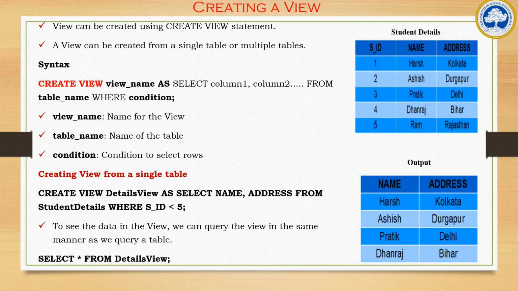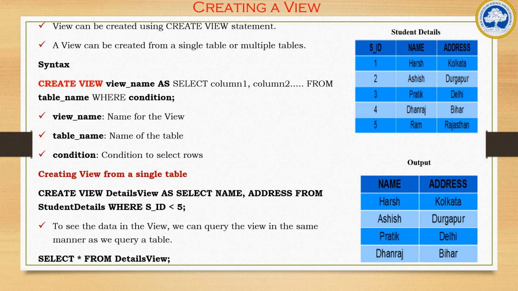Same as a SELECT: SELECT star FROM, where usually we give the table name, here we give the view name. Our view name is details view. So SELECT star FROM details view, and then we will get the output.